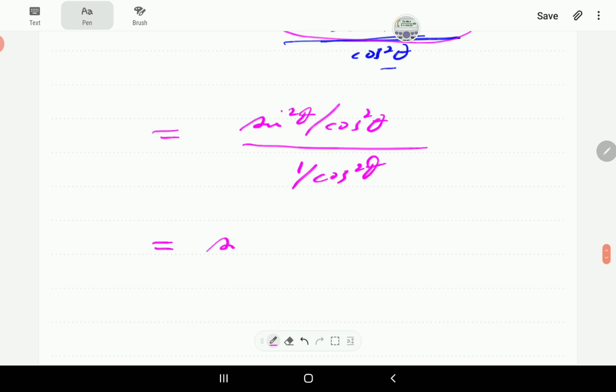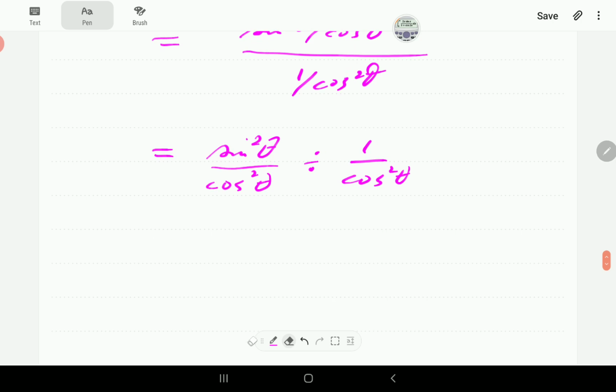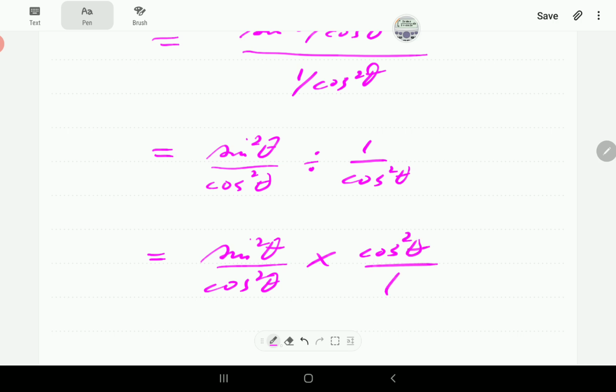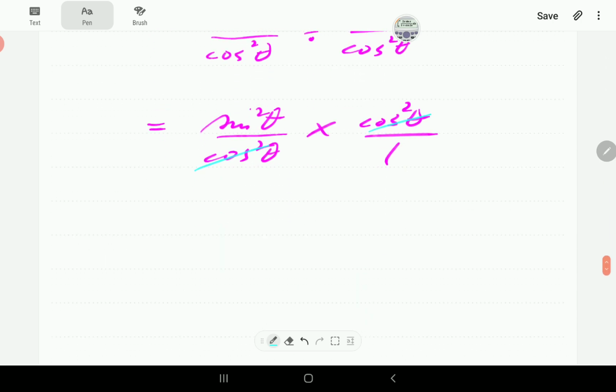So this can be written as, if you remember your division of fractions, sine squared theta over cosine squared theta times cosine squared theta over 1, and then these are going to cancel out, so ultimately this gives us just sine squared theta.